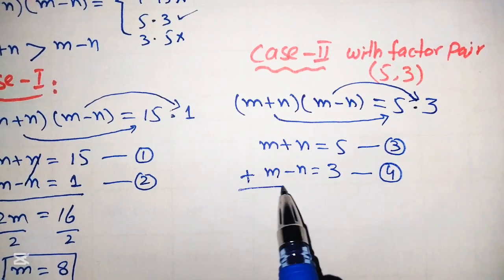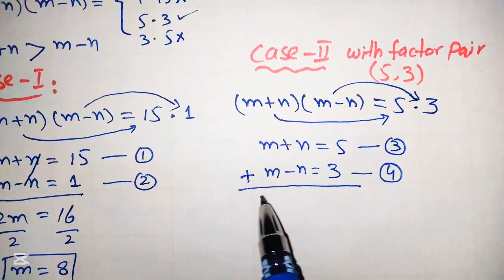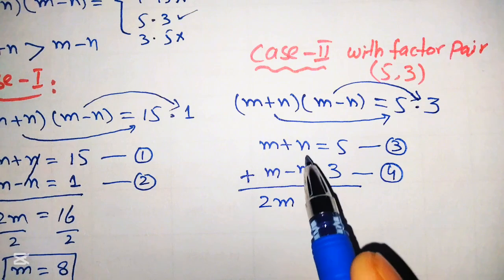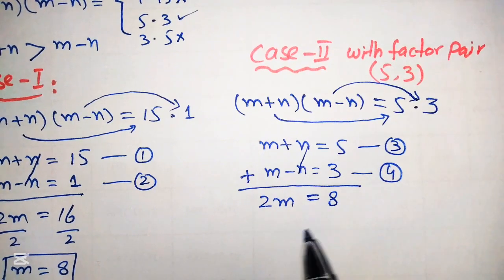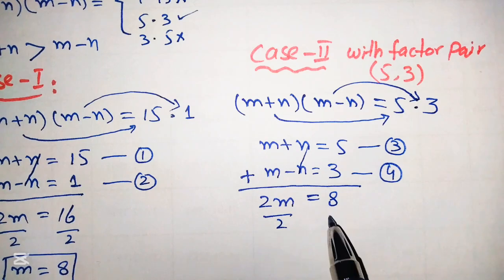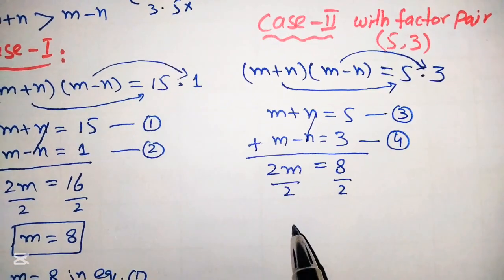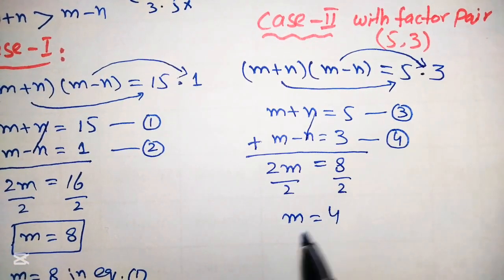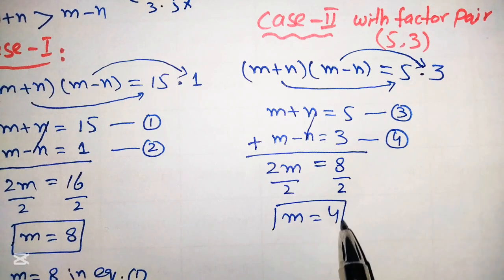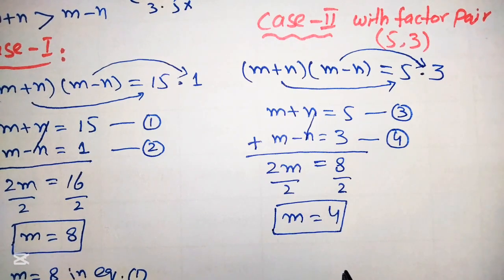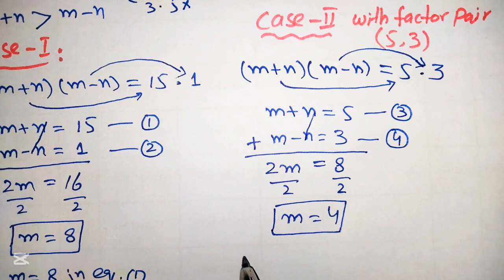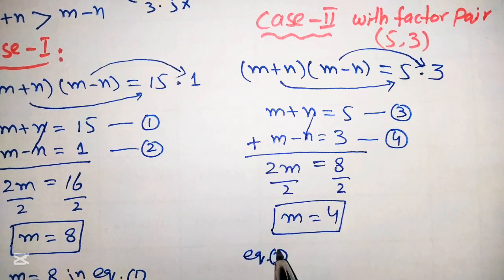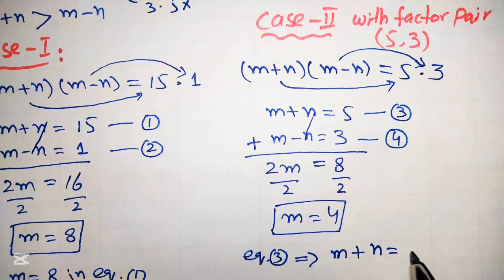So adding these two equations, we will get m plus m is equal to 2m. The n will cancel out with minus n, and 5 plus 3 is 8. Now dividing both sides by 2, we will get the value of m, which is 4. Now for the value of n, we will put this value in equation number 3, which is m plus n is equal to 5.